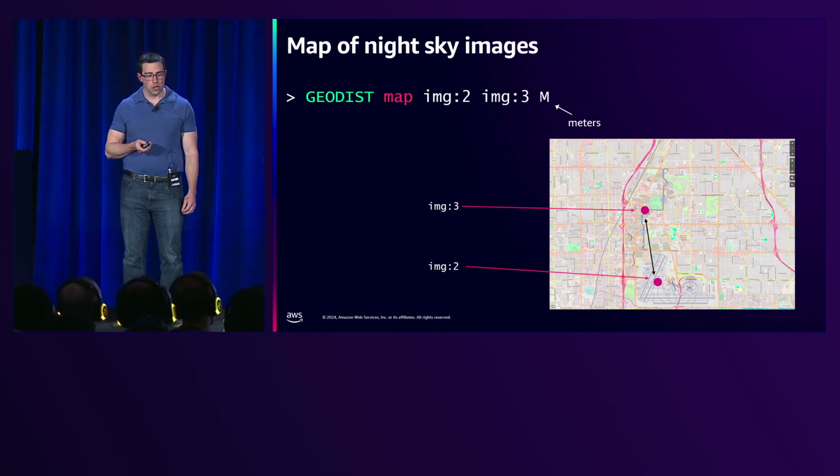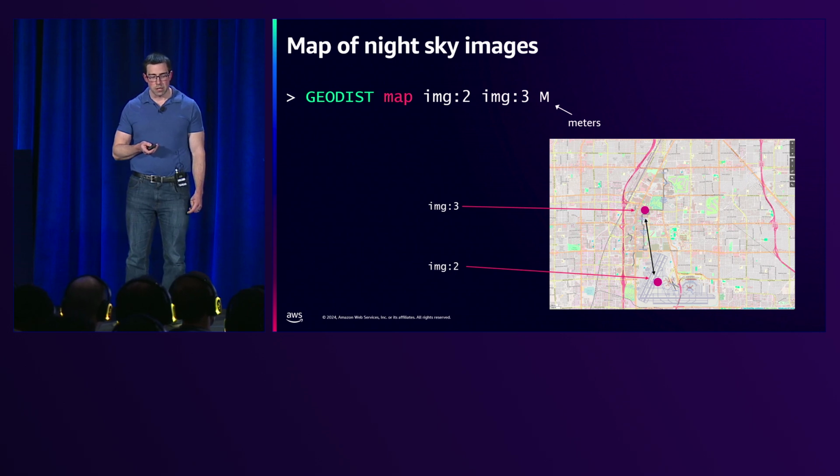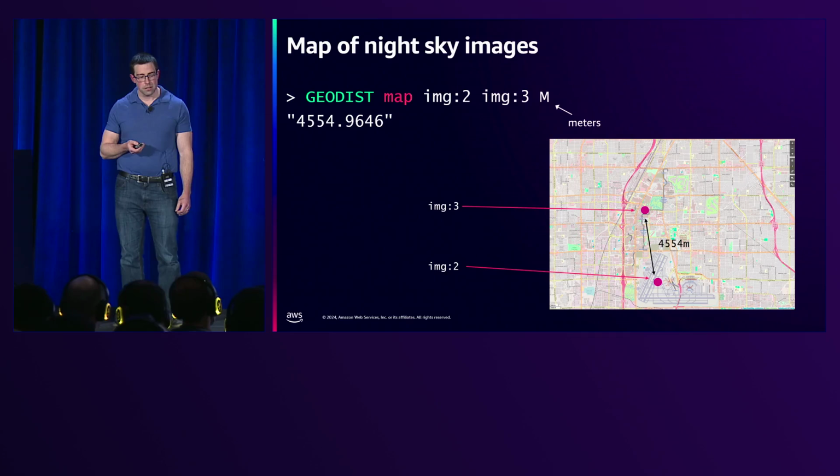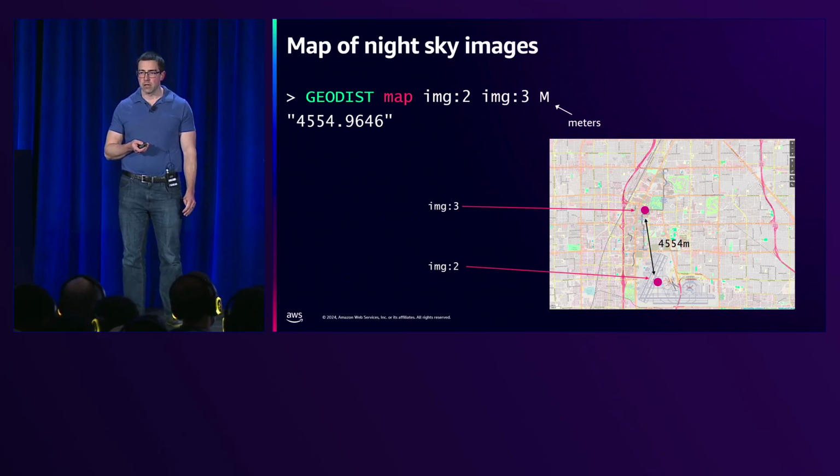With that, I can use geodist and pass in just the references, the object IDs image 2 and image 3, and get back that result here in meters. And it'll tell me that they're about 4.5 kilometers from each other. So there's a variety of powerful commands that you can use to query different geospatial data within Valkey.